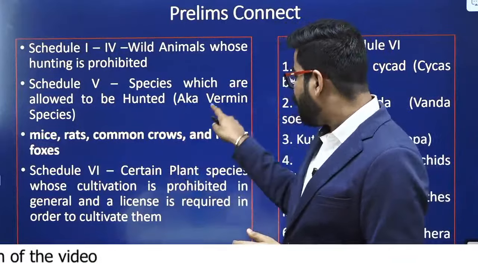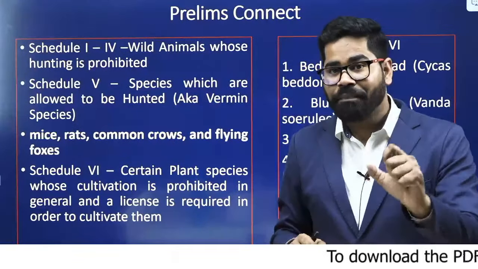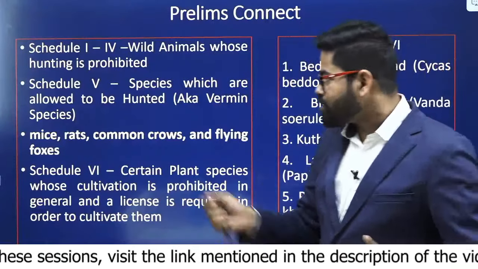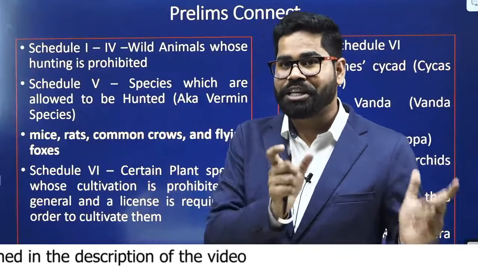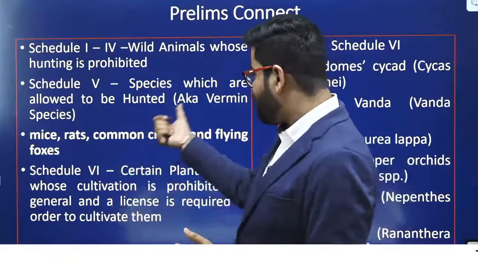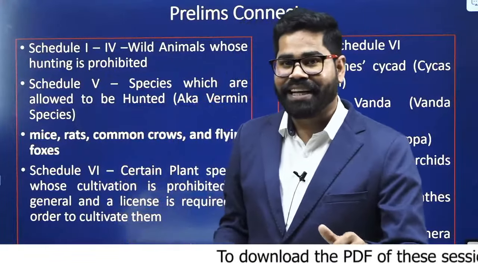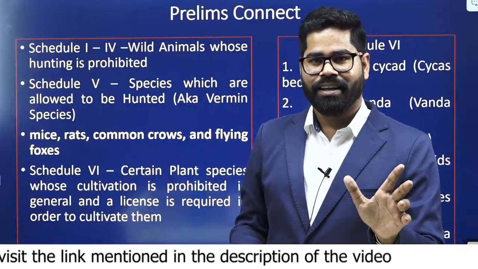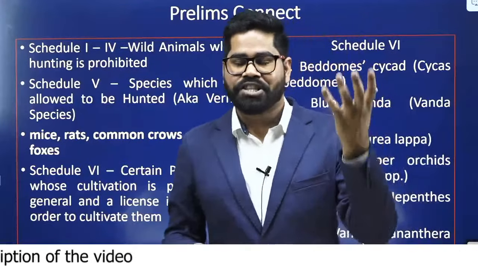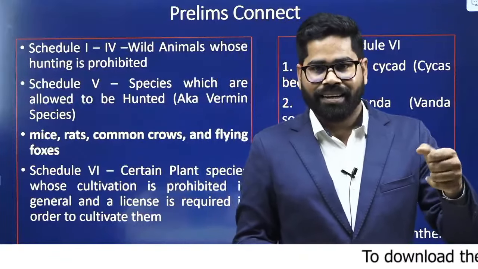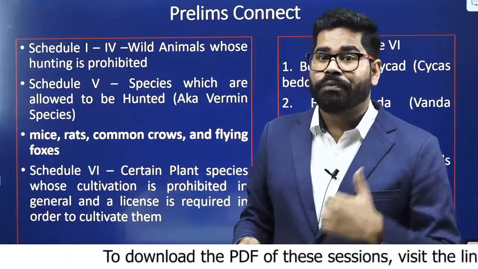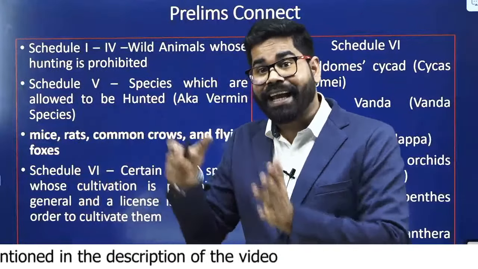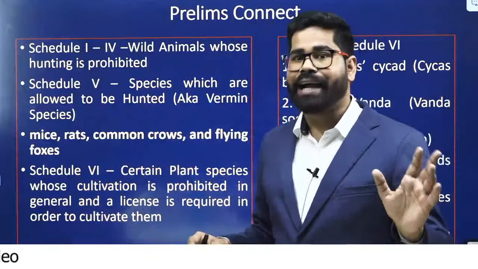The declaration of vermin species can be done only by the central government, not by the state government. That is an associated concept you should keep in mind. The central government, by its notification or order, can declare certain species to be vermin for a specified period of time and for a specified area, or for the entire country.